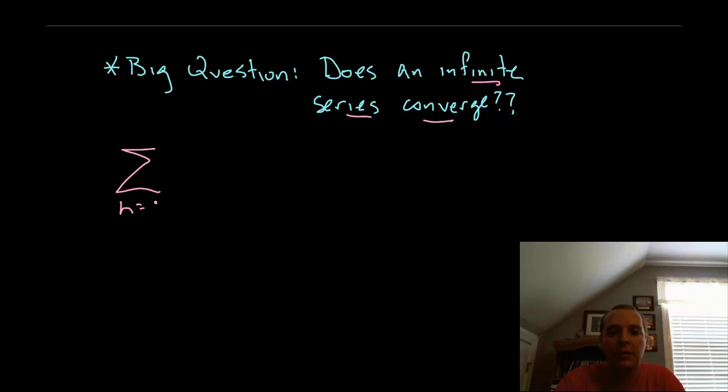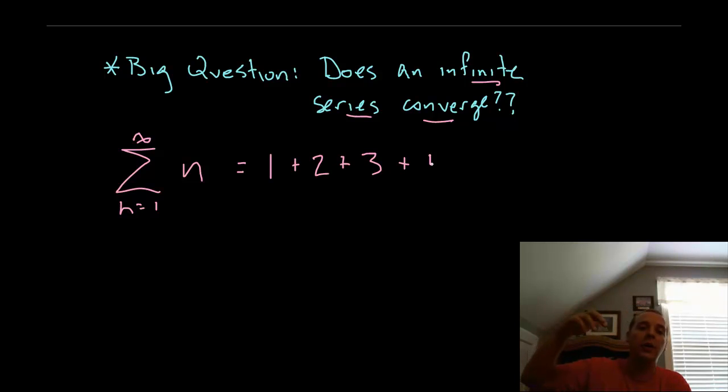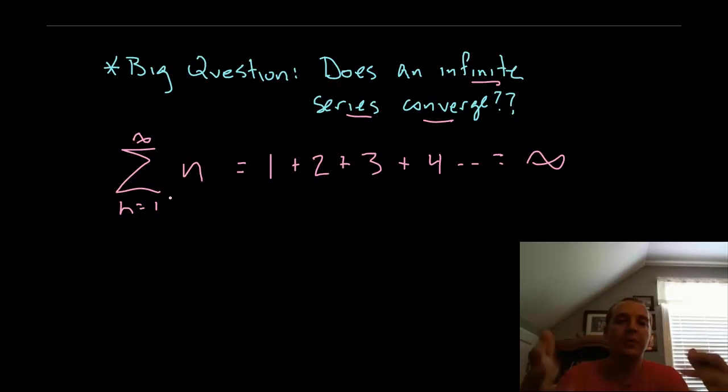If you had the sum from n equals 1 to infinity of something simple like n, and you just continually add 1 plus 2 plus 3 plus 4, it just gets bigger and bigger and bigger. It's very difficult for a series to add up to a finite number, because the logic is you add more and more terms.